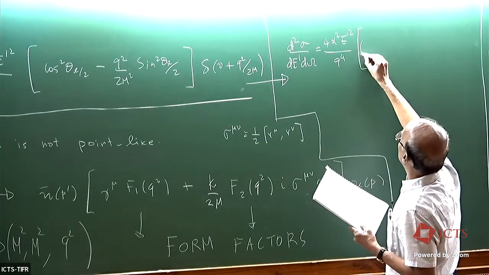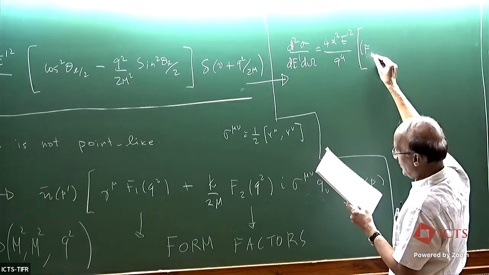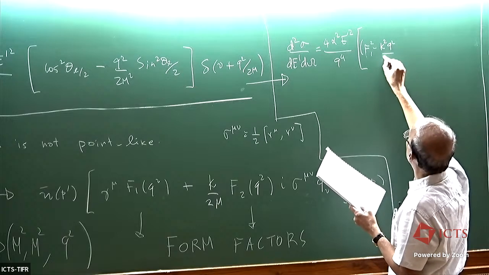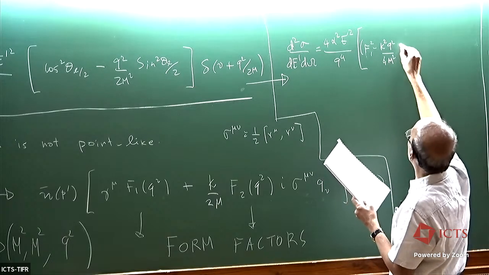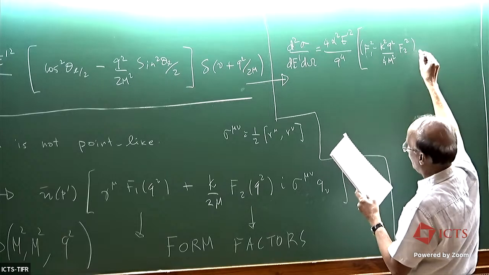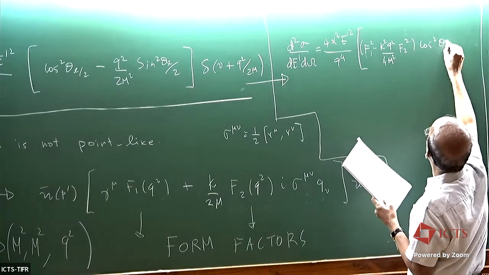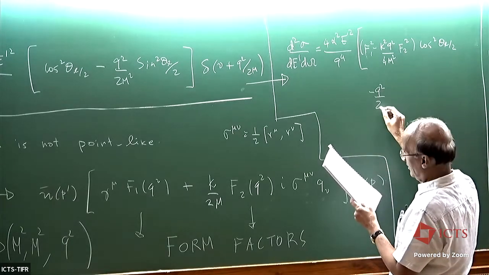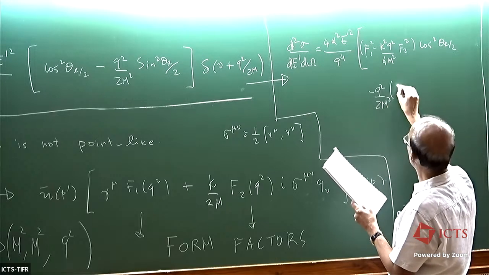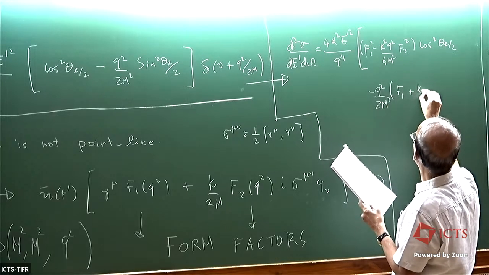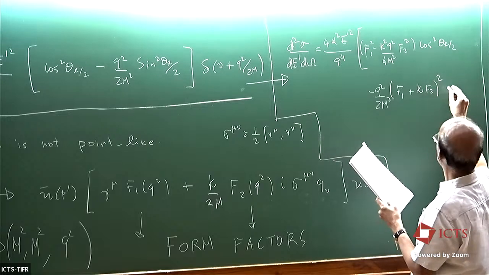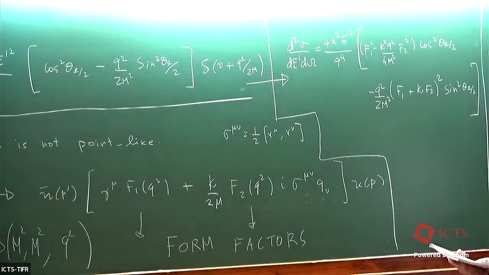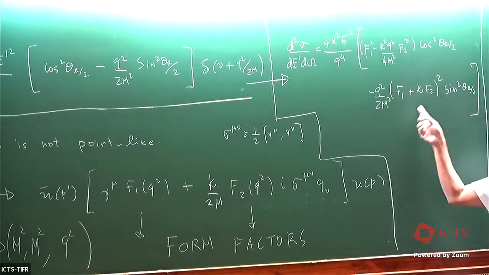It changes to this: f1 square minus kappa square q square by 4m square f2 square, times cos square theta l by 2, minus q square by 2m square times f1 plus... So you can see that the coefficients are modified.